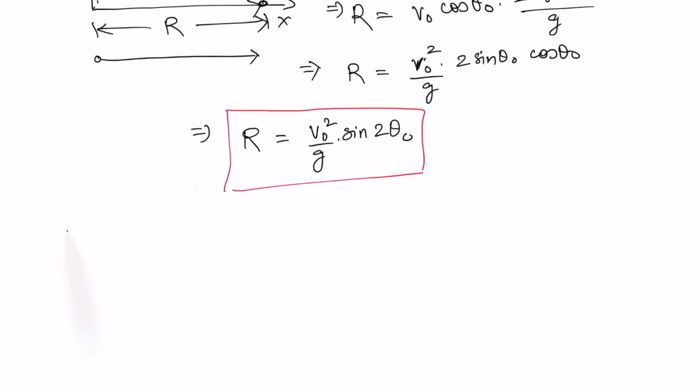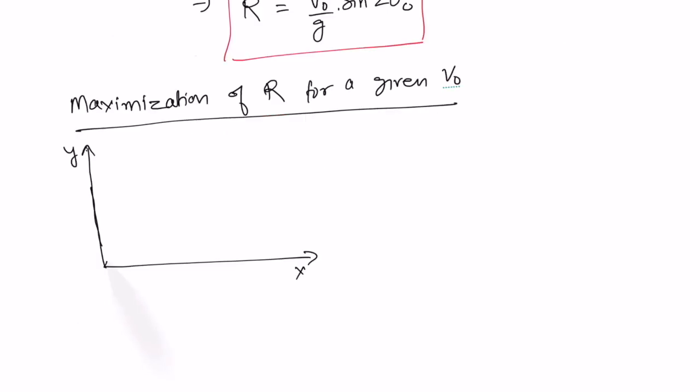Let's analyze maximization of horizontal range. Let's say I'm throwing a ball and my aim is to maximize the horizontal distance of the ball on the ground. Based on my athletic abilities, let's say I can only impart a speed of v naught on the ball, which is what a given v naught means.